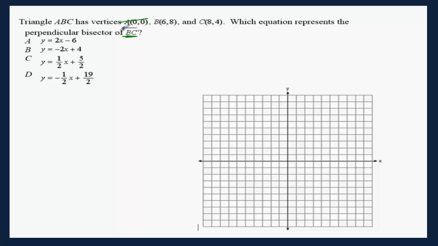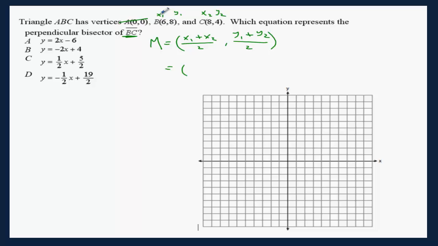The first step, you need to find the midpoint. The midpoint is (x1 plus x2 over 2, y1 plus y2 over 2). This is x1, this is y1, x2 and y2.